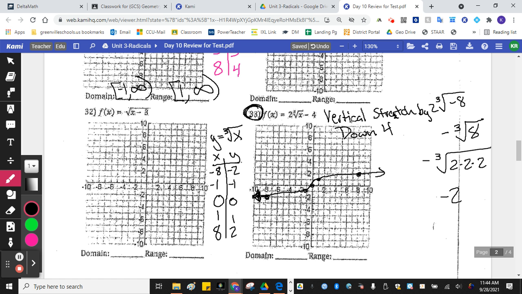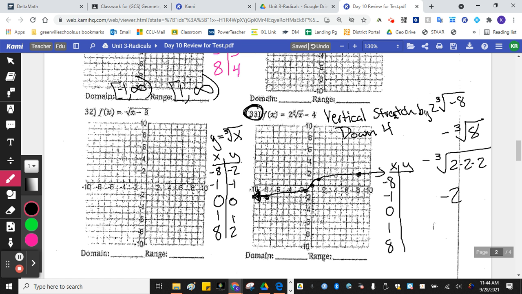Vertical, is that X or Y? Y. So that's going to affect Y. Down, is that X or Y? Y. So X's aren't going to change. My X's are going to stay the same X values. Only if you're moving left or right do your X values change.